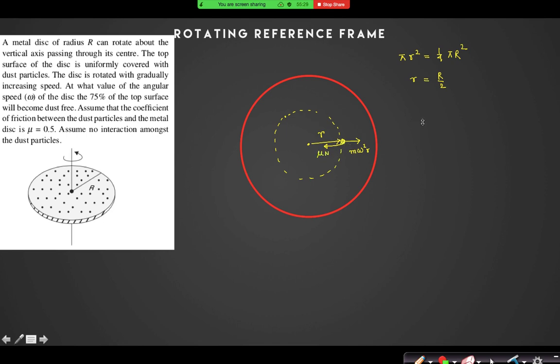So I can say that m omega square r is greater than mu into N, N is equal to mg. So the value of omega should be greater than or equal to root over of mu into g by r. What is the value of mu? It is equal to half. So that is equal to root over of 5 by r, which is R by 2. So that is root over of 10 by R. Yes, that is the answer of this question. Again, a simple one.